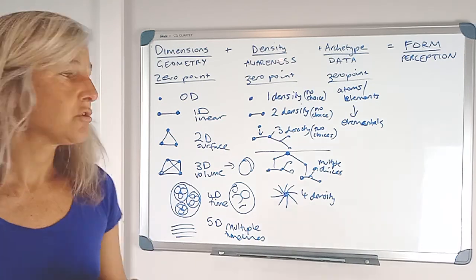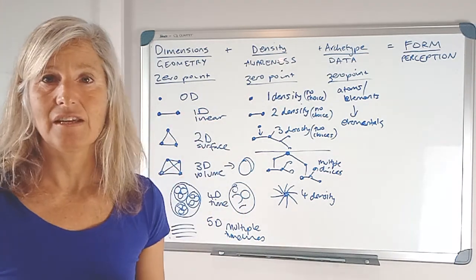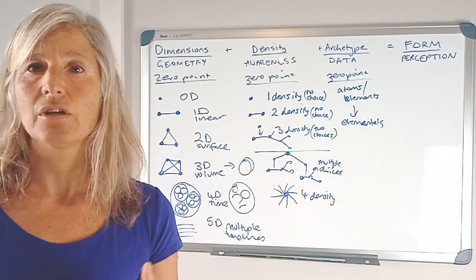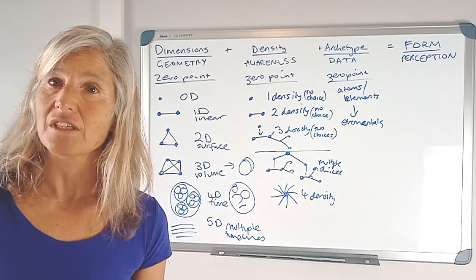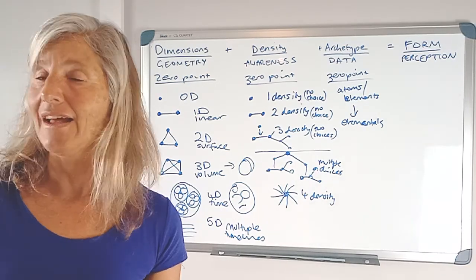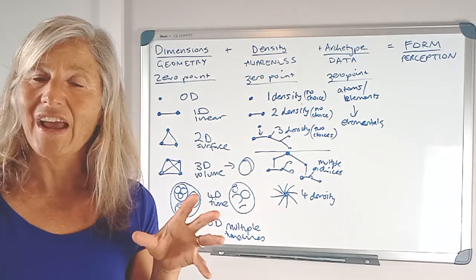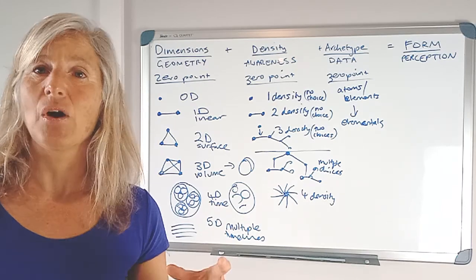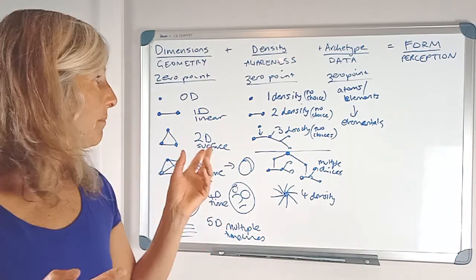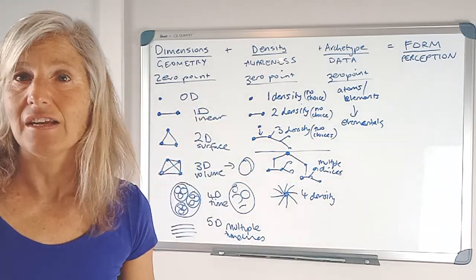And then the elementals, if you have a look at how they feed back into particularly first density, we have things made from the earth, rocks, soil, mountains. We have things made from water, oceans, rivers, waterfalls. We have things made from air, obviously, and we have things made from fire. And all of those 4 elements work together and combine together to create what we might think of as our elemental kingdom, which is really first density.